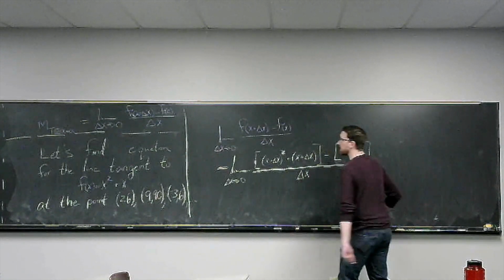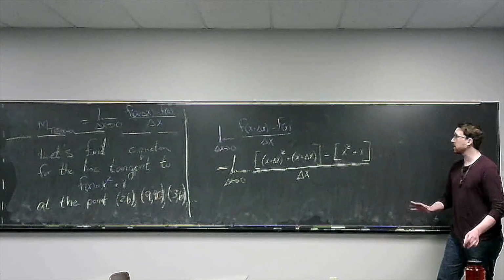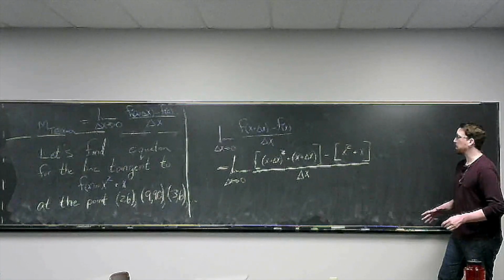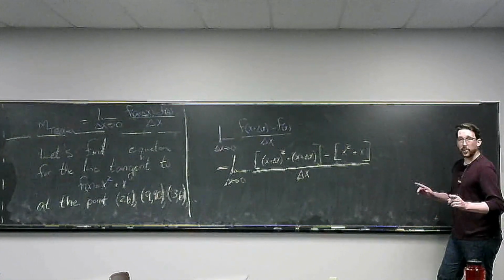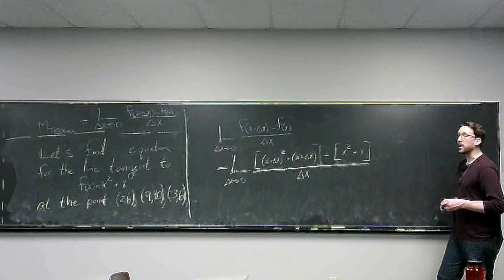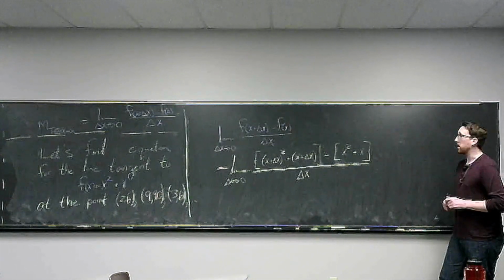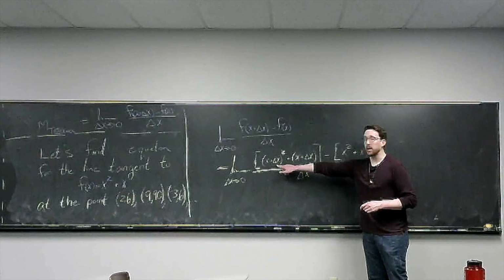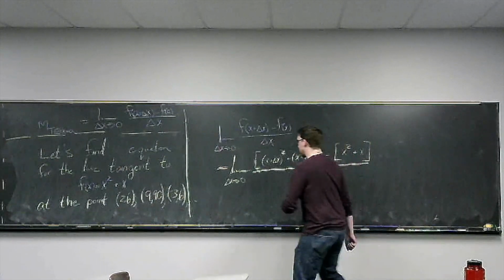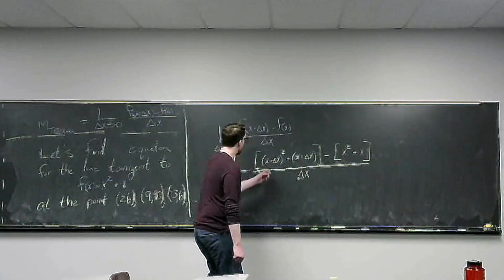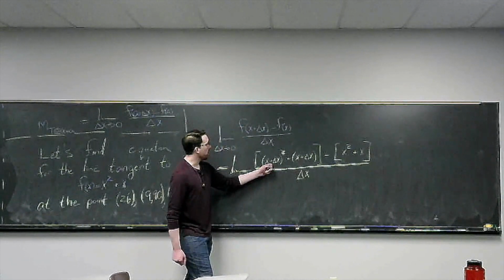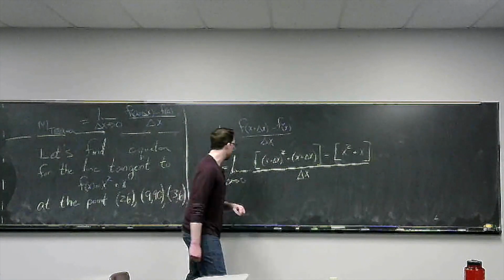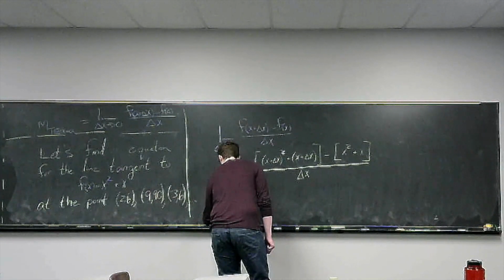Okay, yeah, this looks terrifying, it looks disgusting, and it's going to be a bit of a drudge, I'm not gonna lie. But we're gonna get some reductions in a second here, and that's what's gonna make this worthwhile. Now check out this first part here. This first part is going to come out to be x squared plus 2x delta x plus delta x squared. Let's write that out.